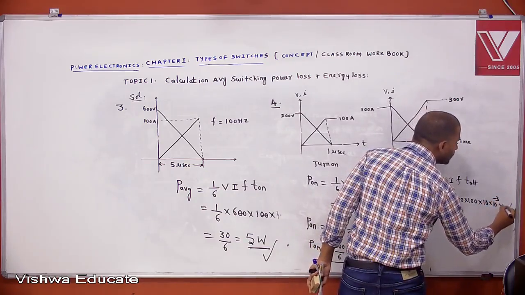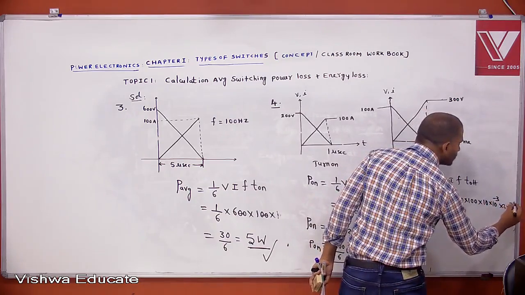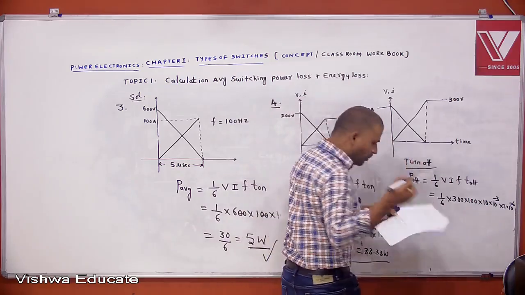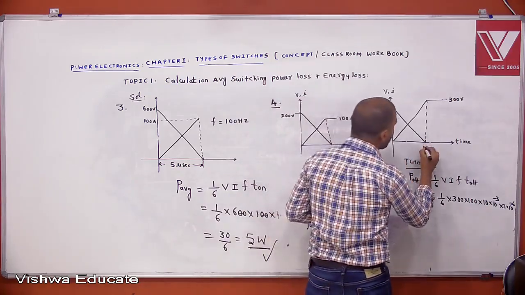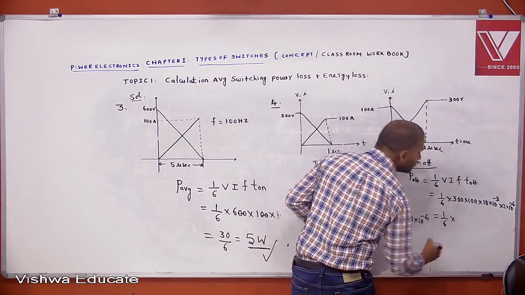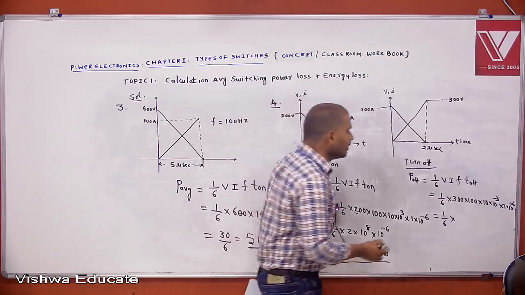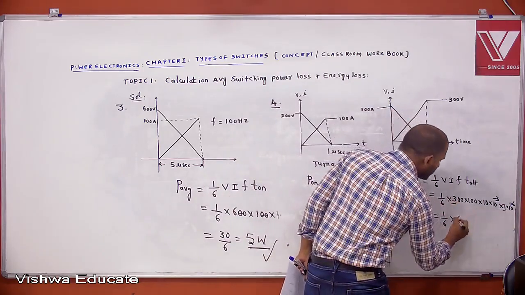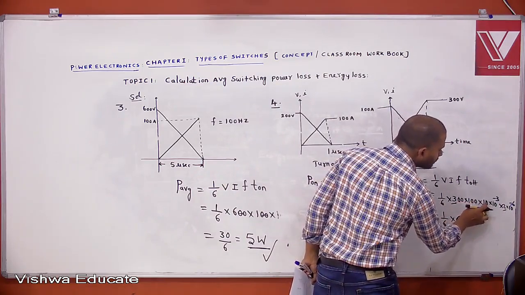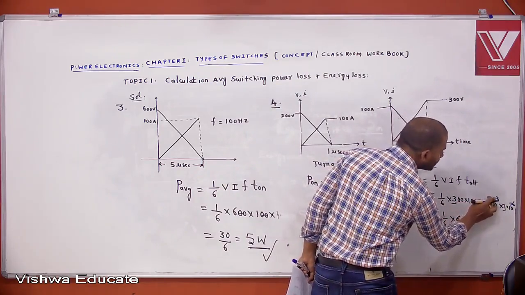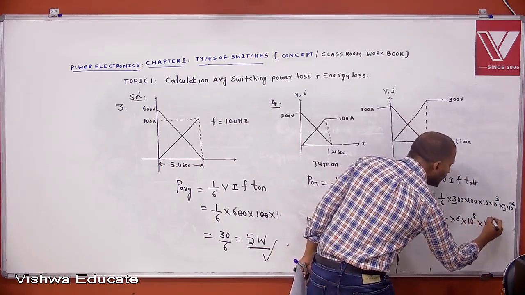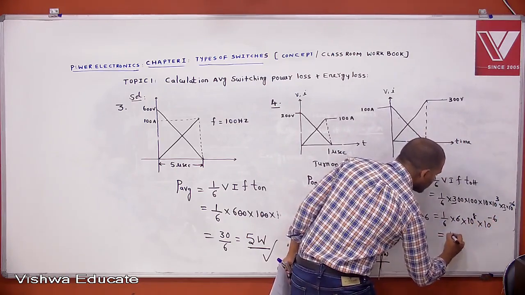What is the off time? 2 microseconds, 2 into 10 to the power of minus 6. This is given as 2 microseconds in the problem. Then you simplify this. 1 by 6 into 10 power 8 into 10 power minus 6. That is 100 watts.